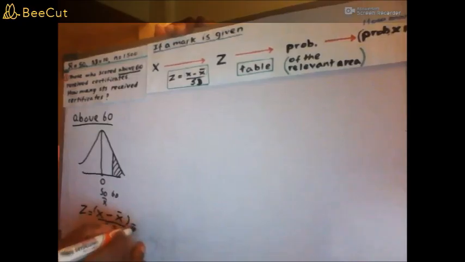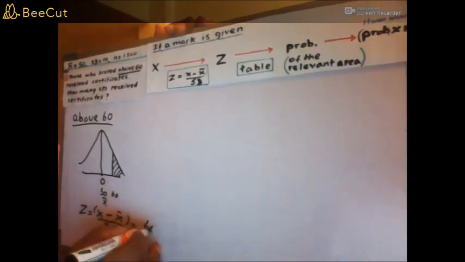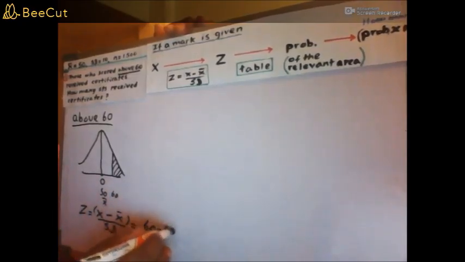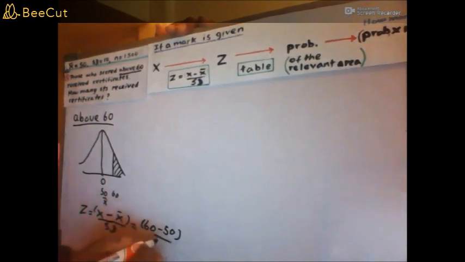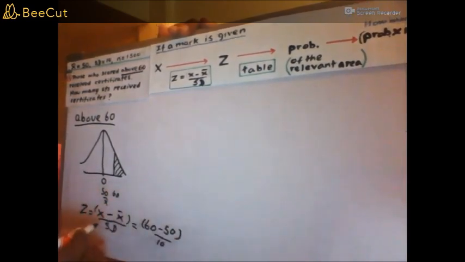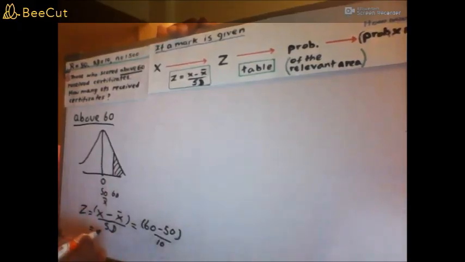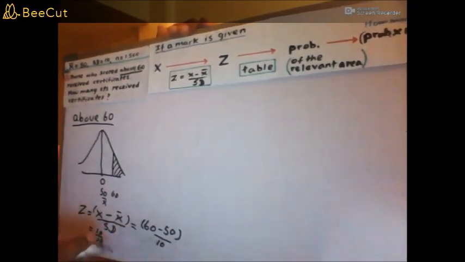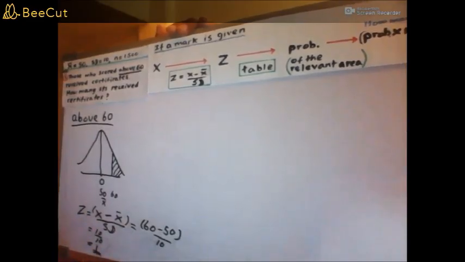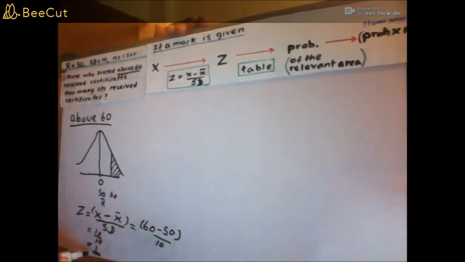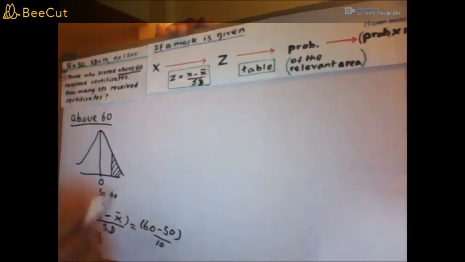So what is x? 60 minus 50 divided by 10. So it is 10 divided by 10. Z is 1. These things you know already, so I'll just go through this quickly. So that is 1. So put it here.